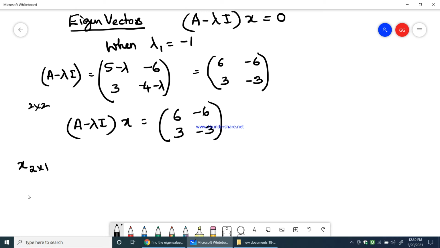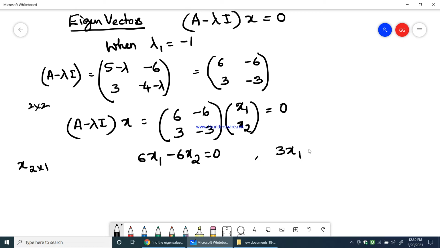So we call it a column vector, therefore it will be x1 and x2. So 6 minus 6, 3 minus 3, A minus lambda I into x equals 0. Now we need to find x1 and x2, and that would be the first vector when lambda 1 equals minus 1. Therefore 6 into x1 minus 6 into x2 equals 0. Similarly 3 into x1 minus 3 into x2 equals 0.